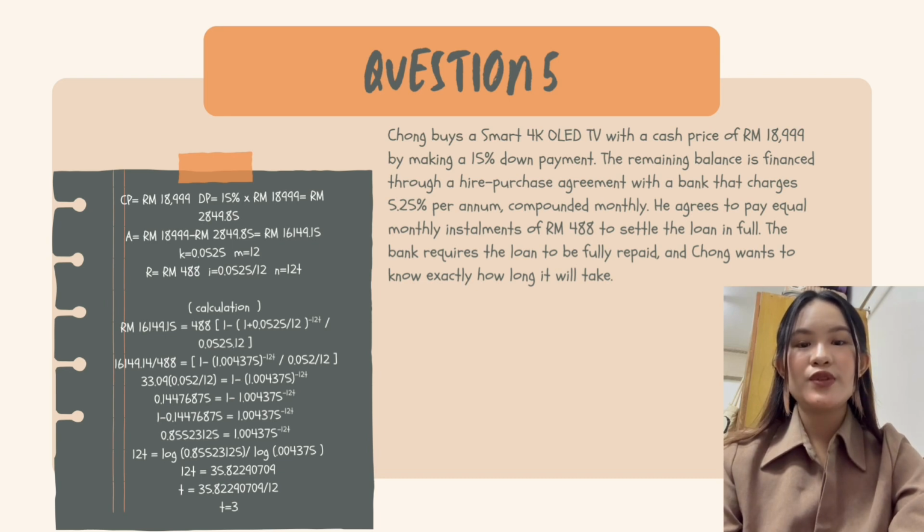Then we use logarithm for the next step. So 12t is equal to log10 of 0.855232125 divided by log10 of 1.004375, which is negative 35.82290709. So t is equal to 3 years.